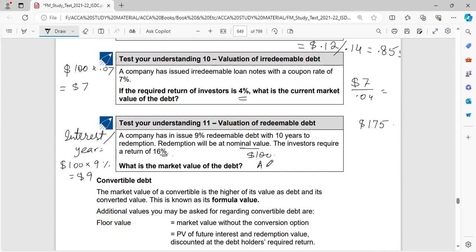Now we will calculate annuity value at 16%, the required rate of return: 9 multiplied by the annuity factor at 16% for 10 years. Then the present value at 16% of the redemption value, which is $100.